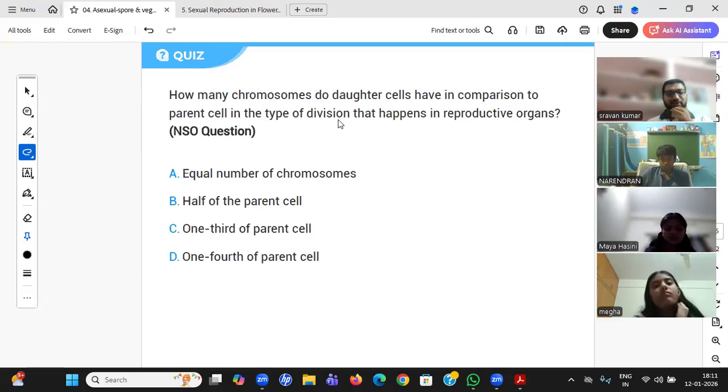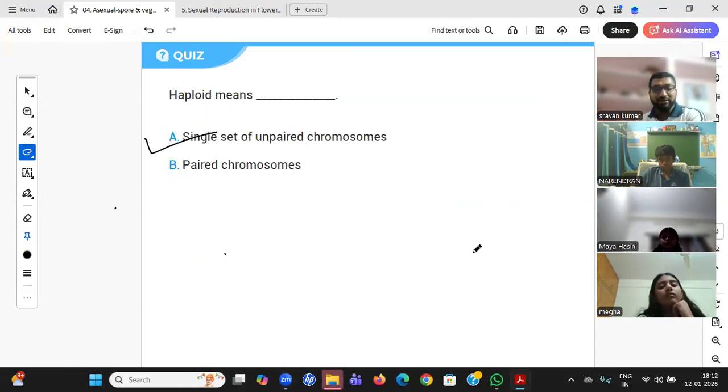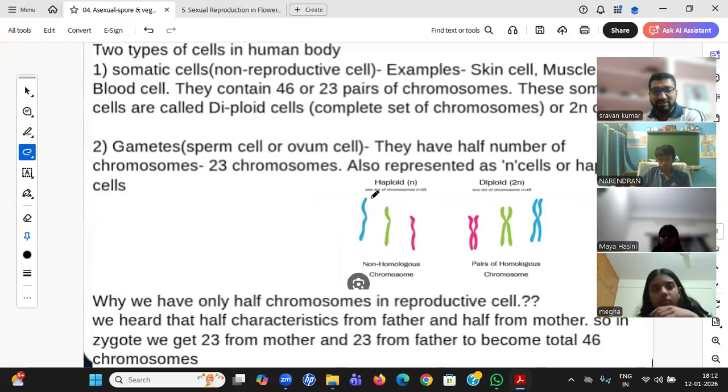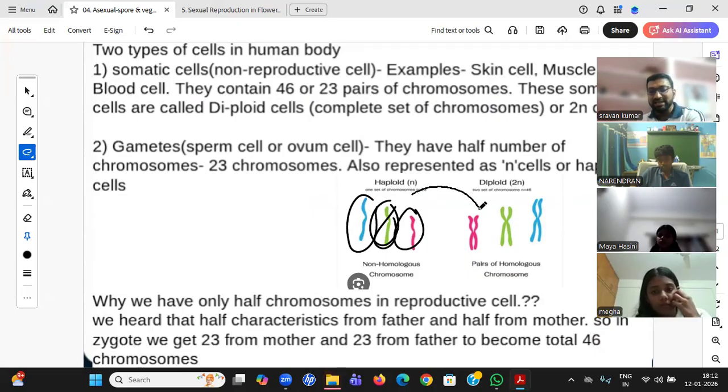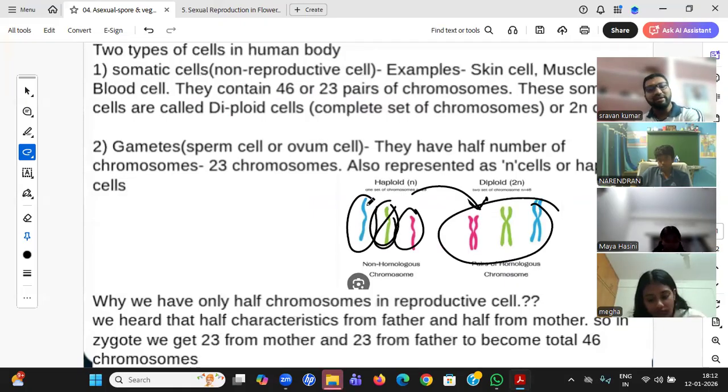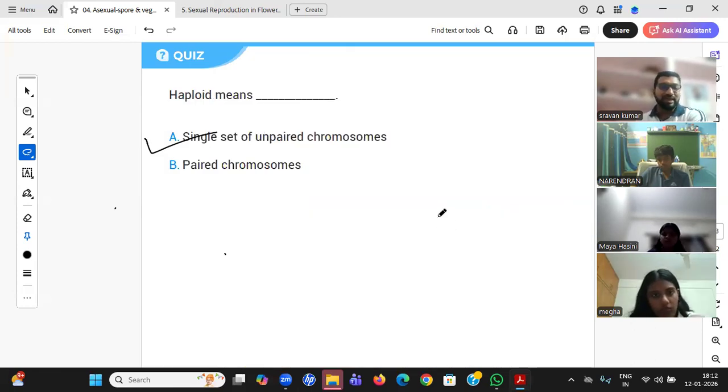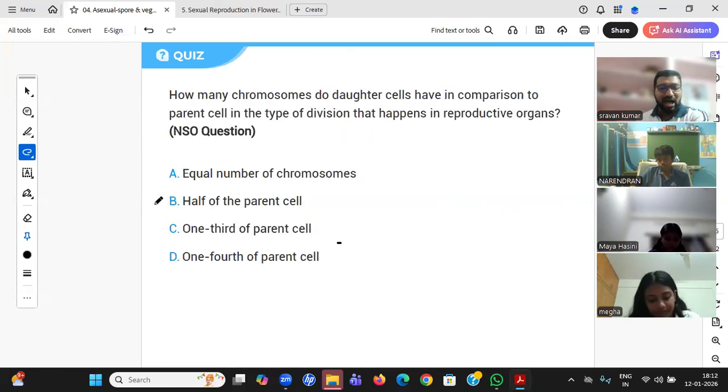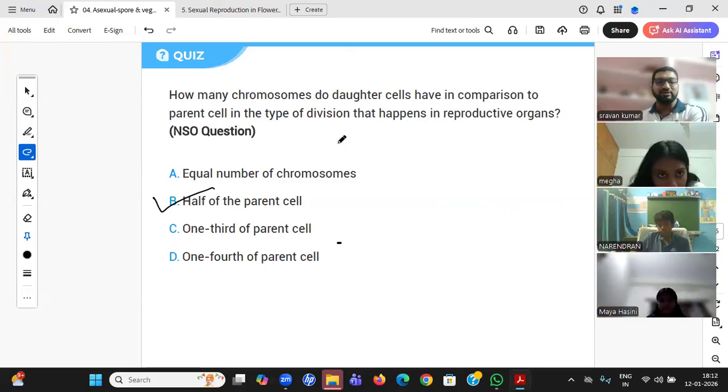Just now we have seen that reproductive cells are like this, with 23 chromosomes, and obviously their parent cells are like this, with 23 pairs. So the reproductive cell has 23, whereas its parent cell has 23 pairs. So it is half of the parent cell.